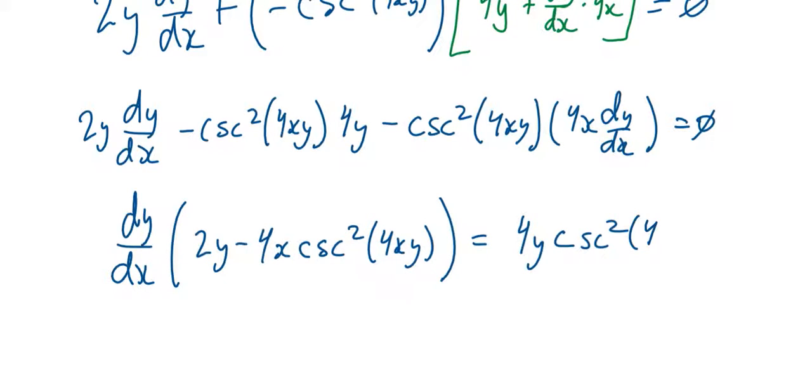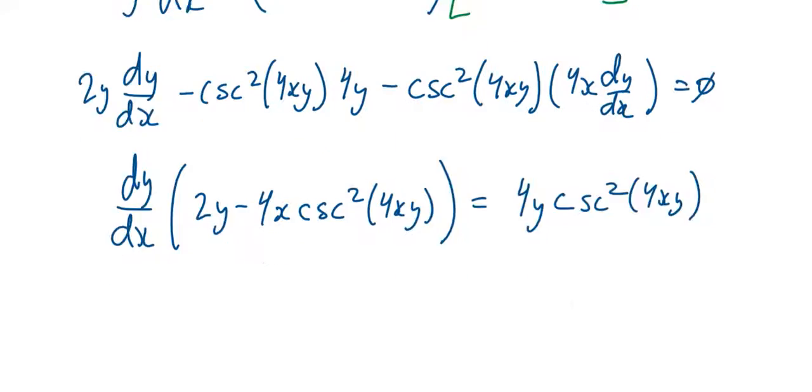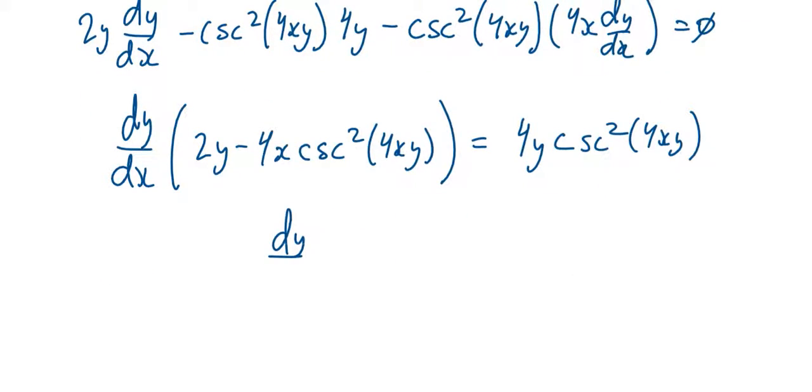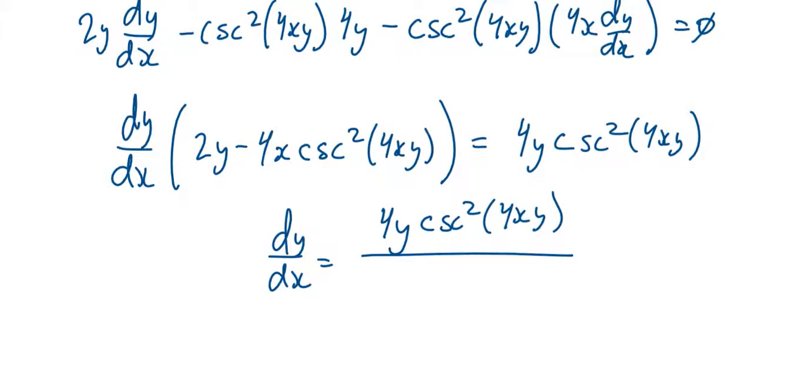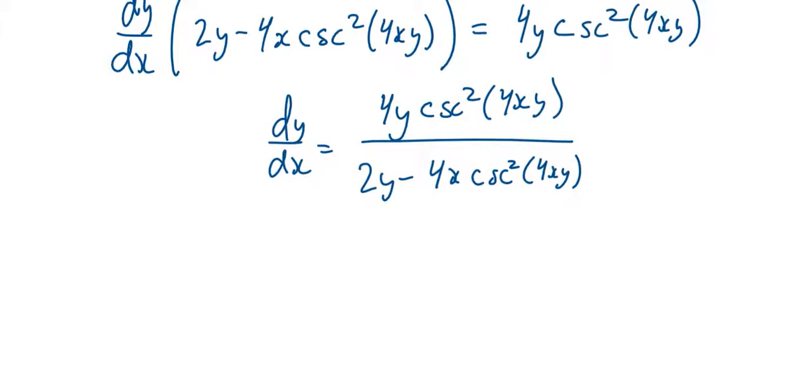Cosecant squared. And again, I see there's a common factor of 2 in everything here, so I could take this one step further.